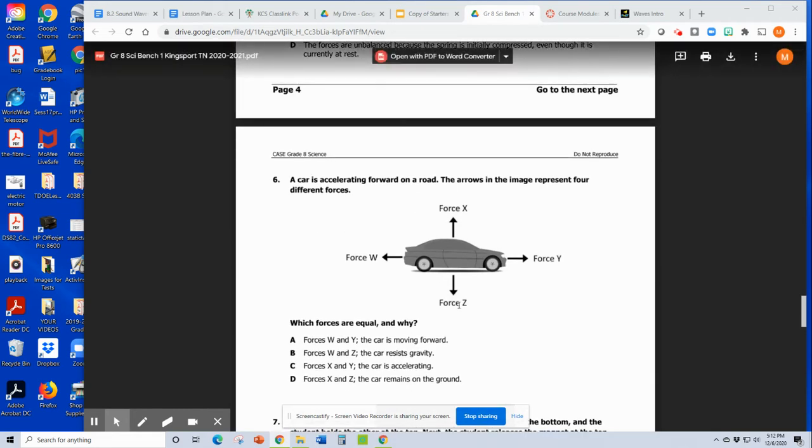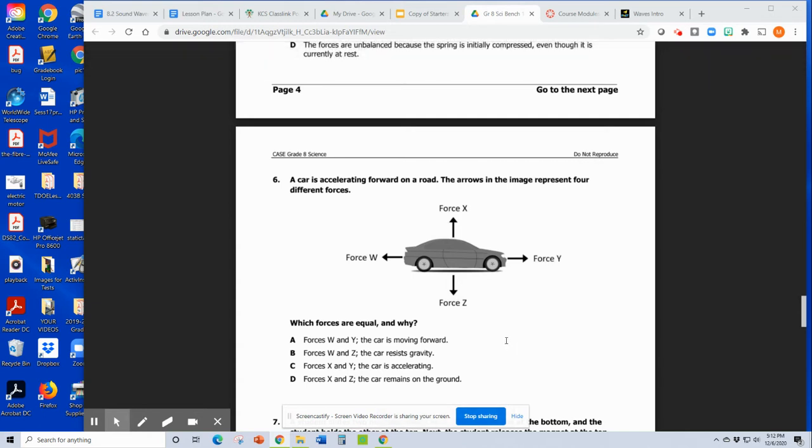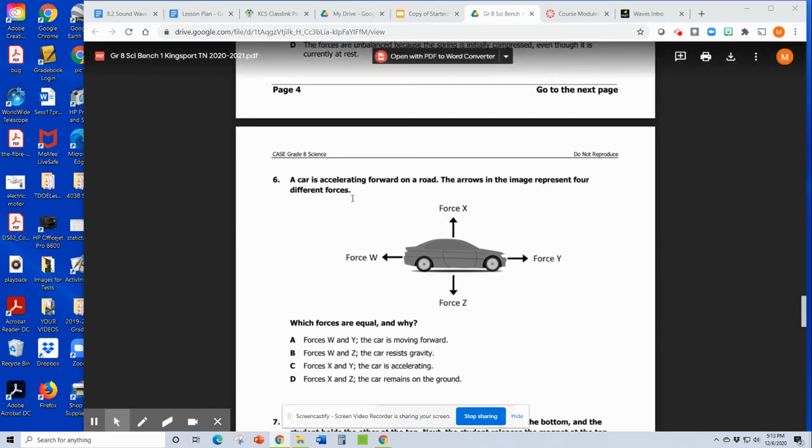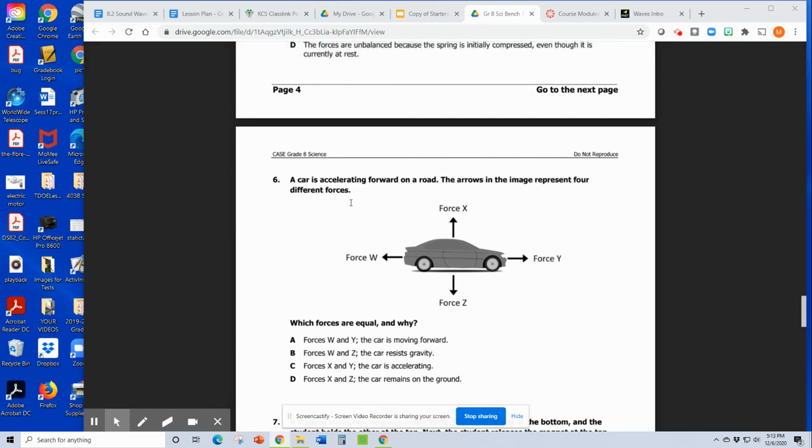Right, for number 6, a car is accelerating forward on a road. The arrows in the image represent 4 different forces. All right, so this looks like my free body diagrams that we practiced. X, Z, W, Y. Which forces are equal and why? First of all, if the car is accelerating, speeding up, I can't have balanced forces.